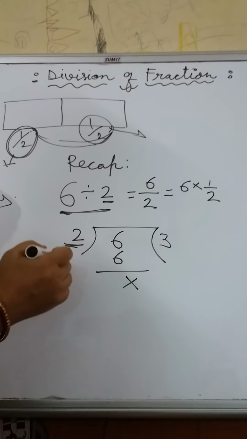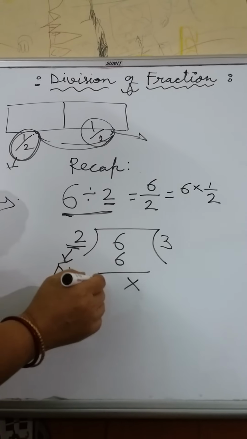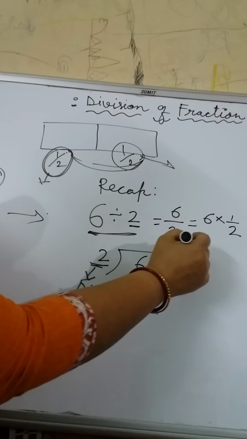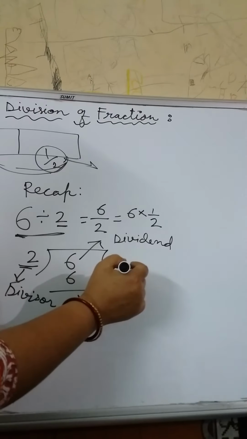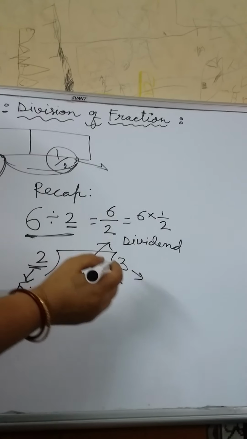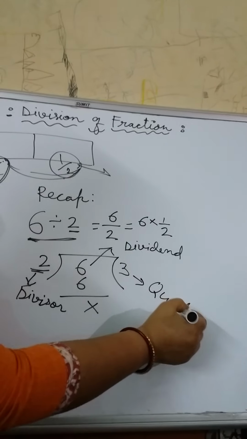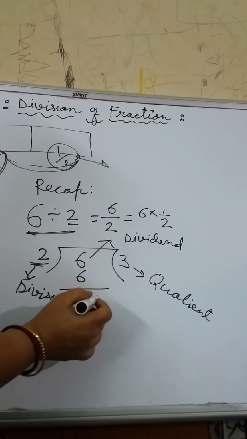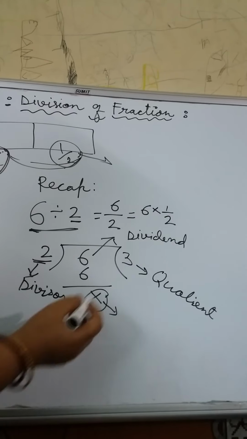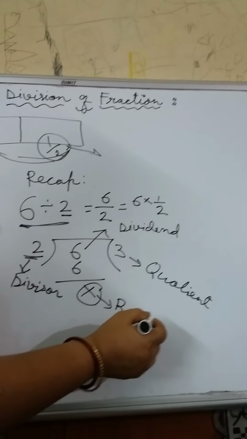Now 2 is your divisor, this 6 is your dividend, and this 3 is the quotient, and here the balance is 0, but if you get any balance, that is the remainder.